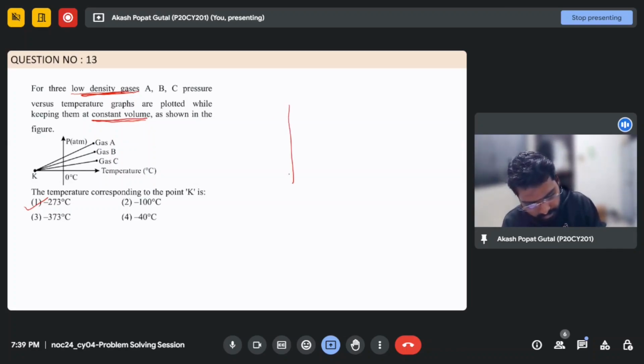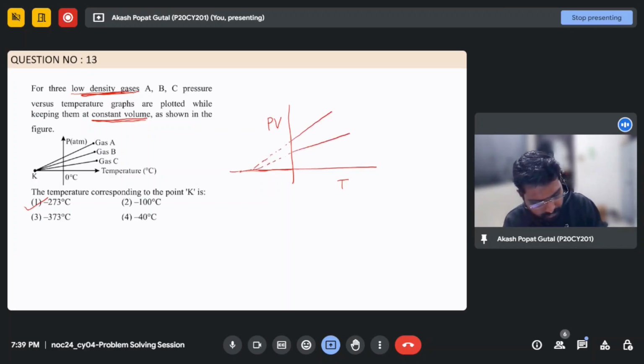So what we know by the Kelvin scale is that the graph between PV and temperature for different gases follows like this.